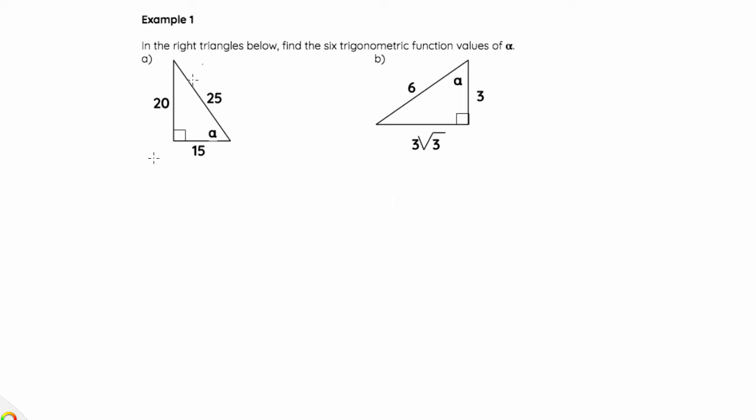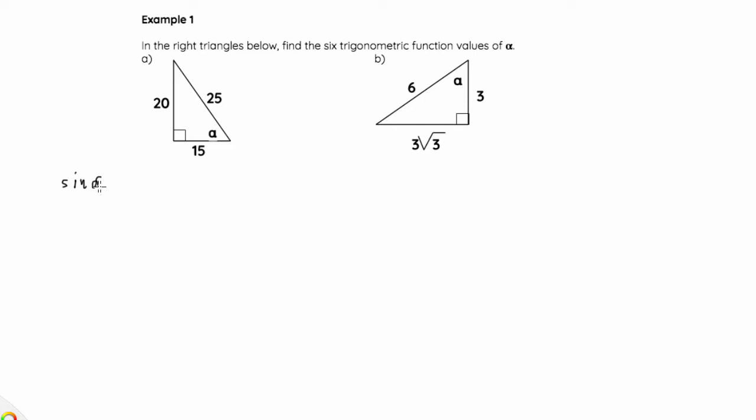One thing that I'm always going to do on these problems is to write an answer box somewhere. So let's write an answer box. Notice here that I can't tell if that's an A or an alpha, so let's just make it an alpha.